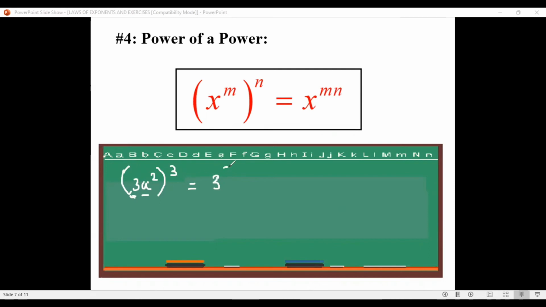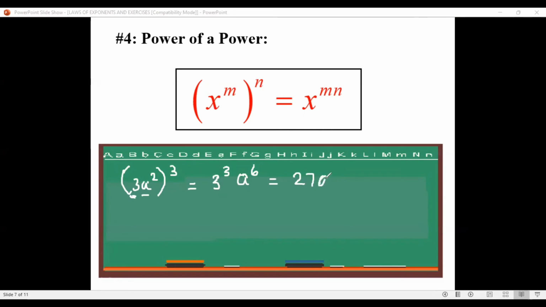So that means you have 3 to the third power, and then a raised to the second power raised to 3 would mean that you have a raised to 2 times 3, which is now equivalent to 6. If you are going to simplify this, 3 raised to 3 or 3 cubed is 27. So therefore, this becomes 27a raised to the 6th power.